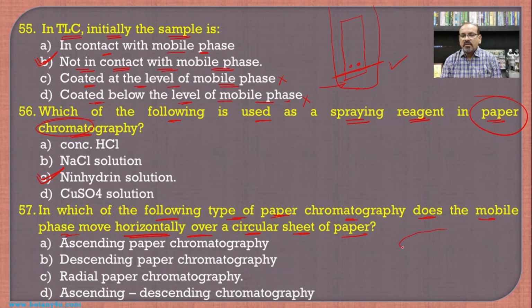Very commonly, the circular sheet of paper is taken in a petri dish, and from the center there is a movement of the mobile phase to the periphery. Such a type of chromatography is radial paper chromatography, because here the mobile phase runs from the center towards its radii, that is, the periphery.